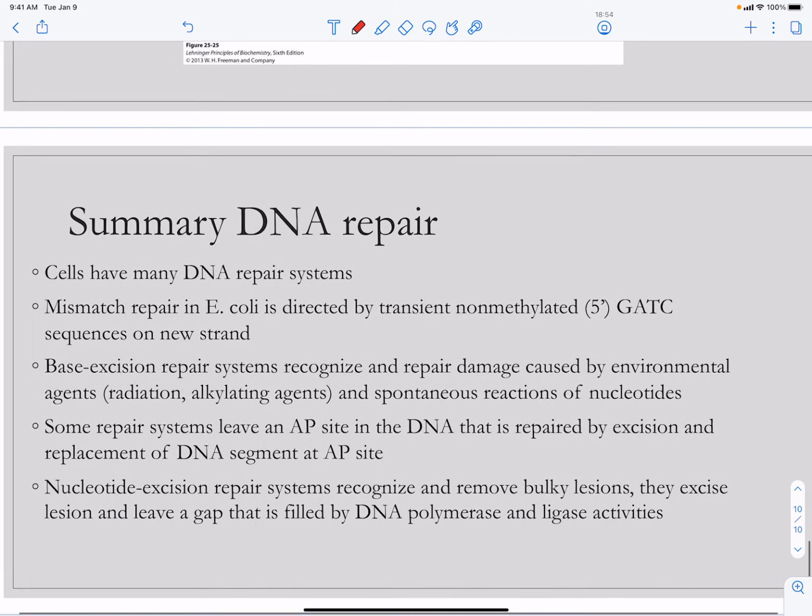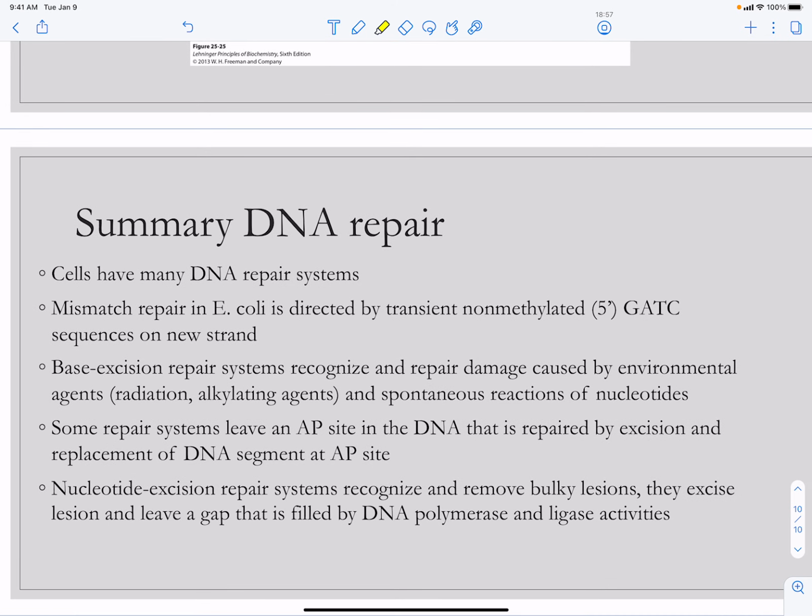All right, so in summary, all our DNA have repair mechanisms. We're going to have mismatch repair, base excision repair systems, and nucleotide excision repair systems. Our mismatch repair is going to identify the parent strand in E. coli with methylation. In eukaryotes, it's not known what the identifier for our parent strand is.